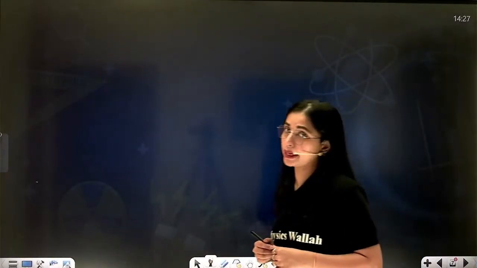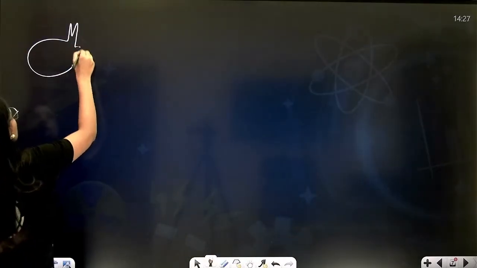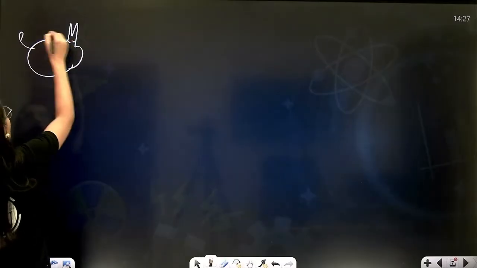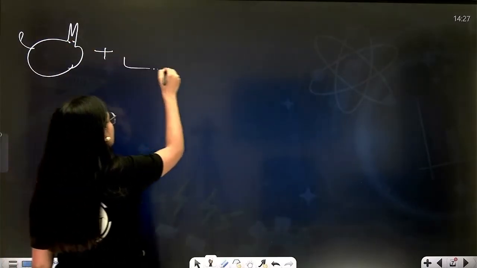Now, moving towards the fourth condition, which is very, very important to understand. Now this is one more mice, and to this mice an injection was given.